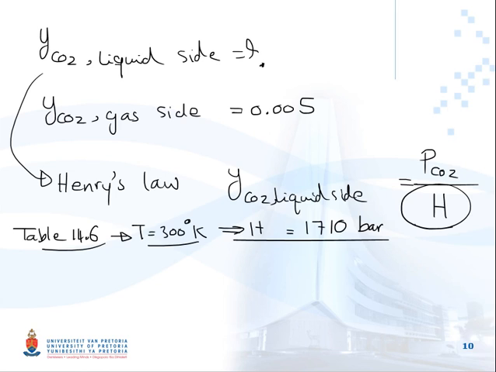Okay, so now we have H. So if we have the partial pressure of carbon dioxide, we can find the mole fraction of carbon dioxide in the liquid side, or dissolved in water.